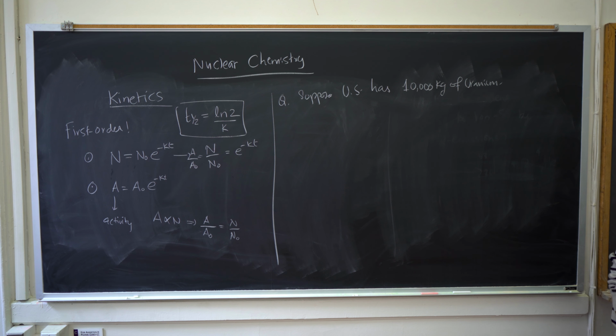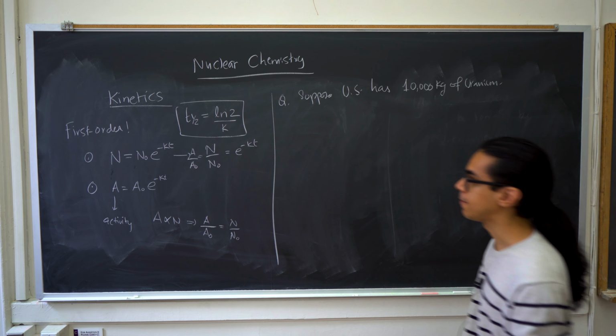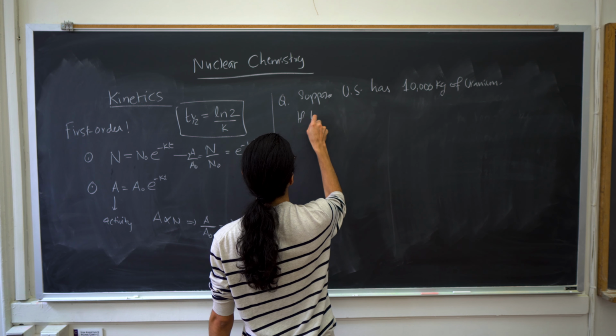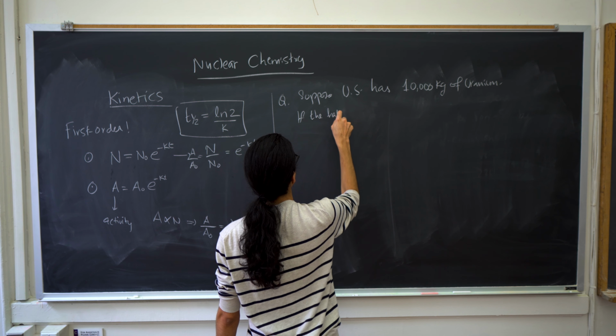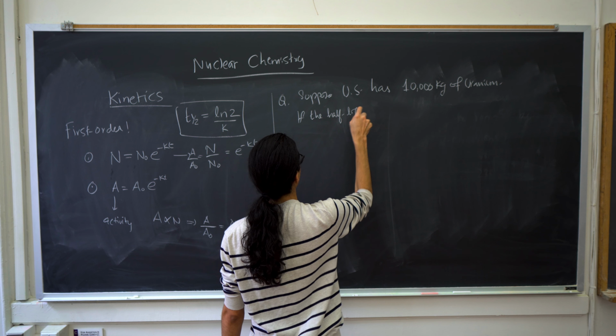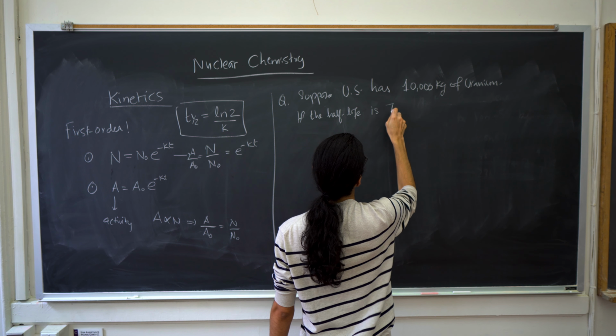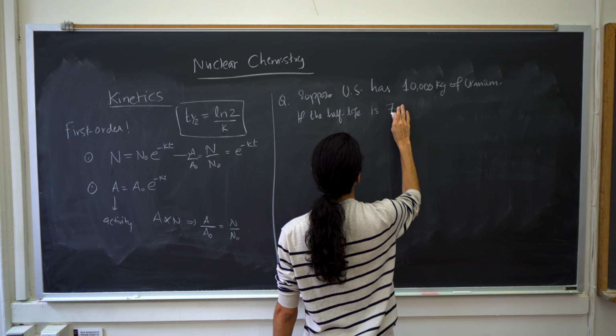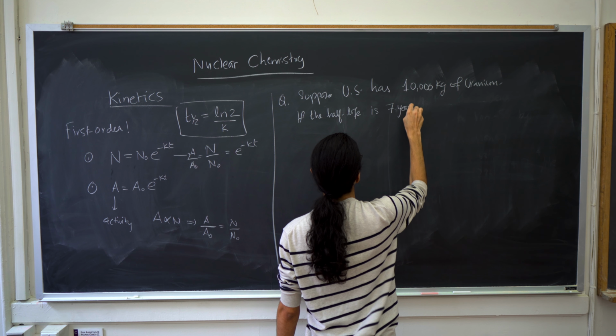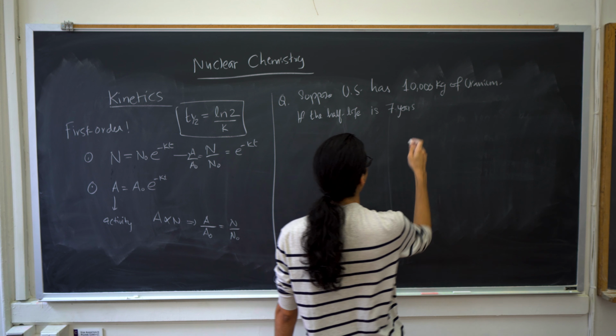If you add up all the uranium that we have in our weapons and stuff, let's say it's 10,000 kilograms. I'm going to make up a half-life. If the half-life is 7 years, not true, but let's pretend it is.